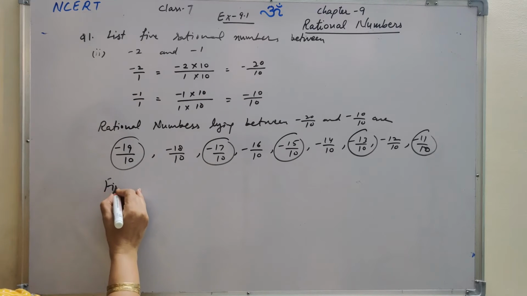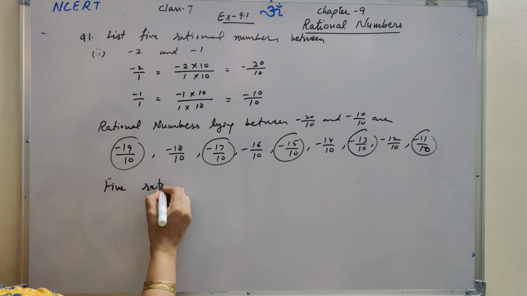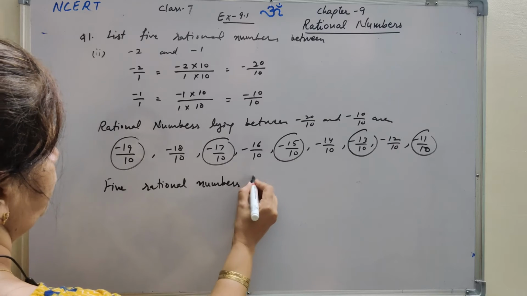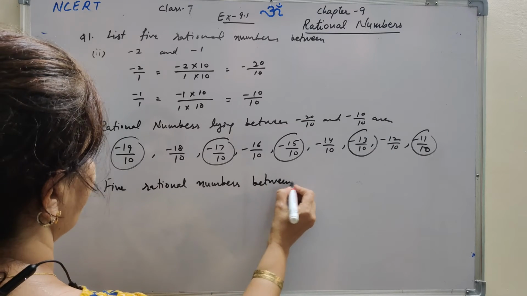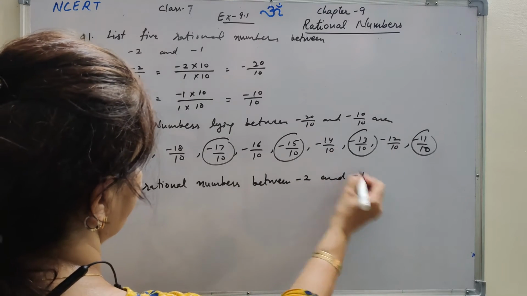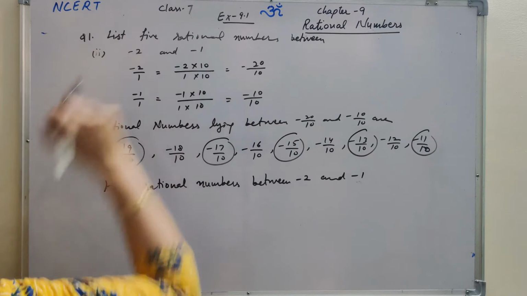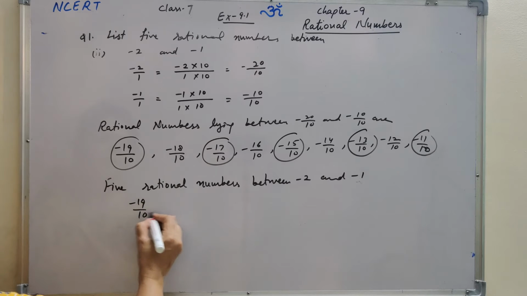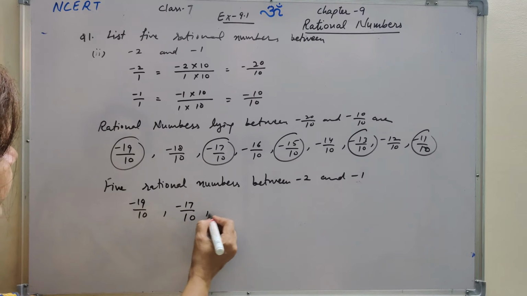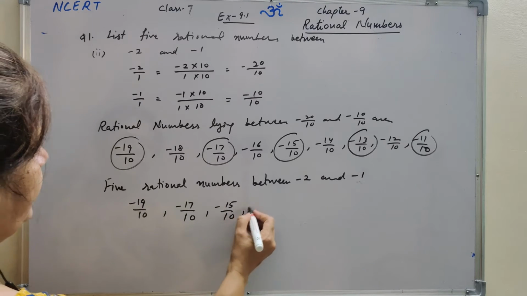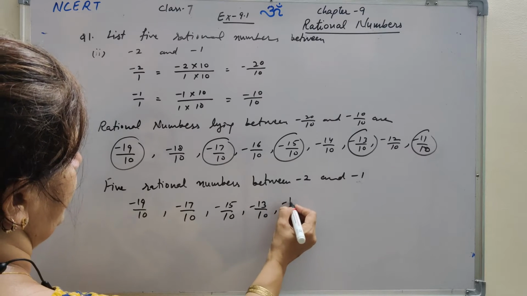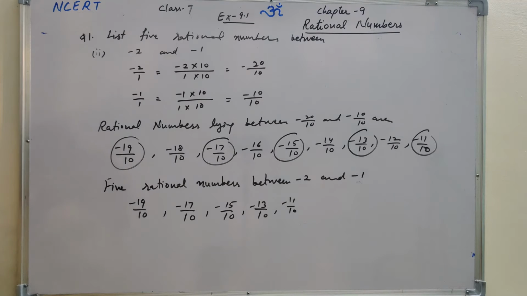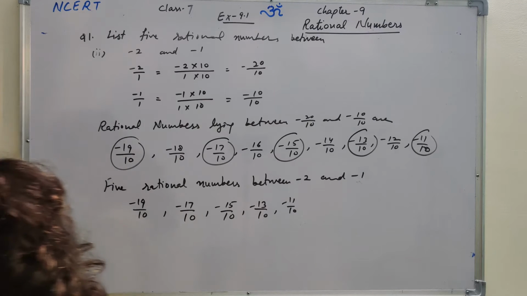So the 5 rational numbers which I am going to write down, 5 rational numbers between minus 2 and minus 1. These are the equivalent. So basically we have to write down between minus 2 and minus 1 are minus 19 by 10, minus 17 by 10, minus 15 by 10, minus 13 by 10 and minus 11 by 10. This way we can write down the rational numbers which are lying between them.